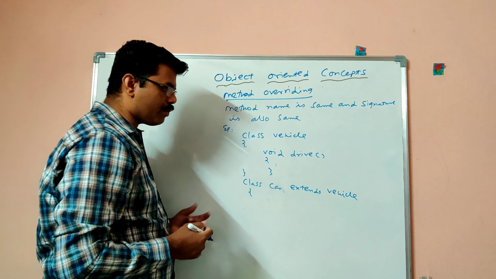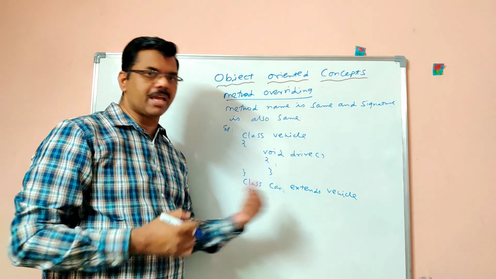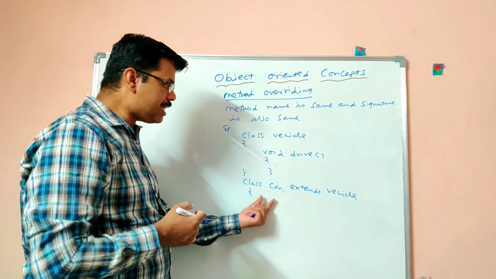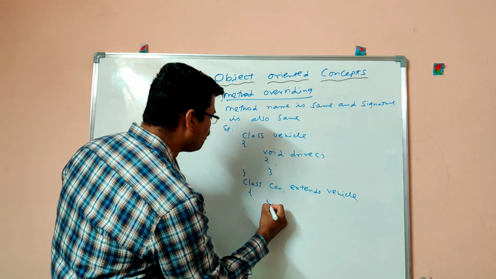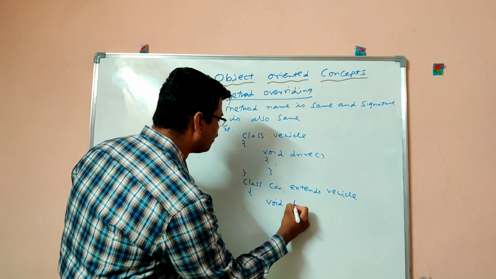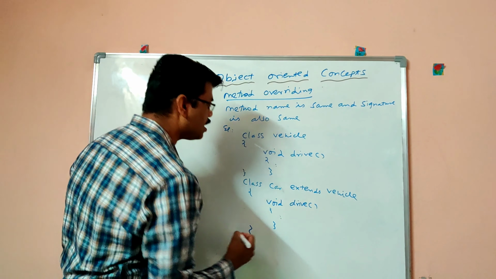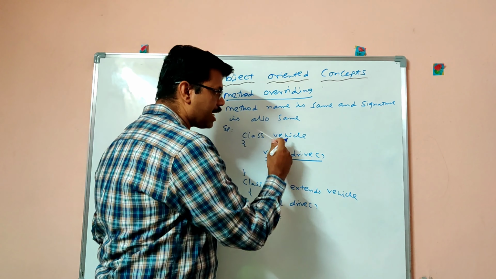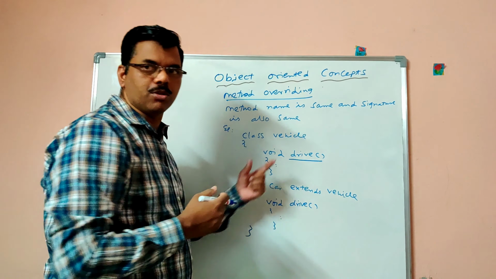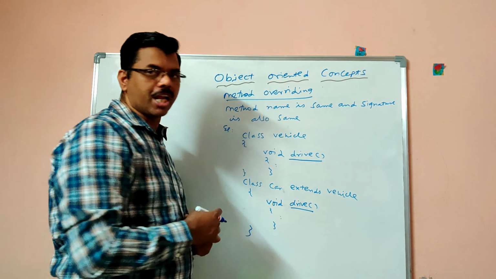Whenever you want to create a new class using an existing class, we make use of the keyword extends. And when this new class car extends vehicle, and in this car class you write the same method drive with no arguments. If you observe here, in the vehicle class we have a drive method with no arguments, and in the car class also we have a drive method with no arguments.